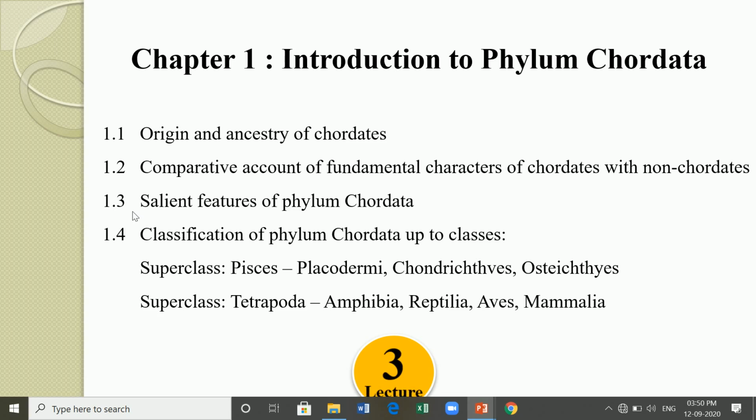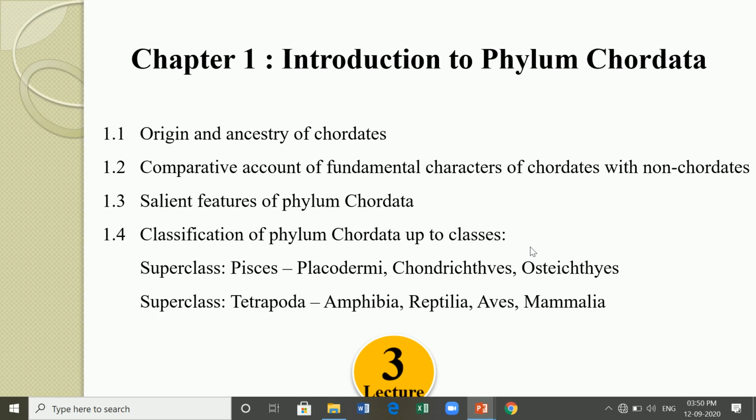Then in the third, 1.3, the salient features of the phylum Chordata. What are the typical characteristic features of the chordates, that we are going to learn in this topic. And then after, we are going to introduce the classification of the phylum Chordata, at least up to the classes, because you cannot learn the classification of all the animals down to the smallest taxon.